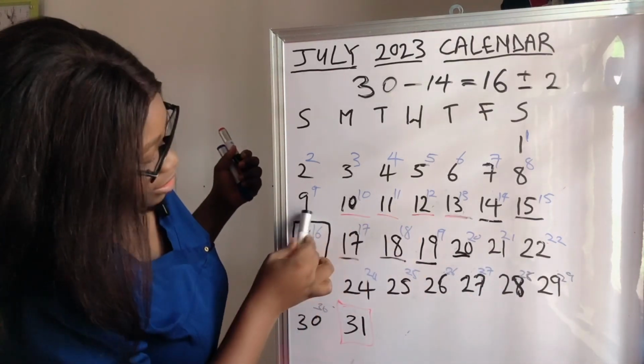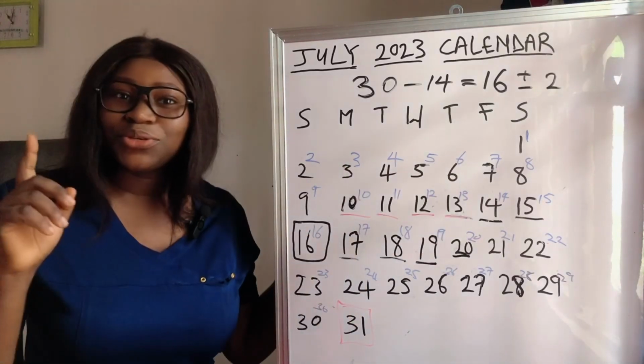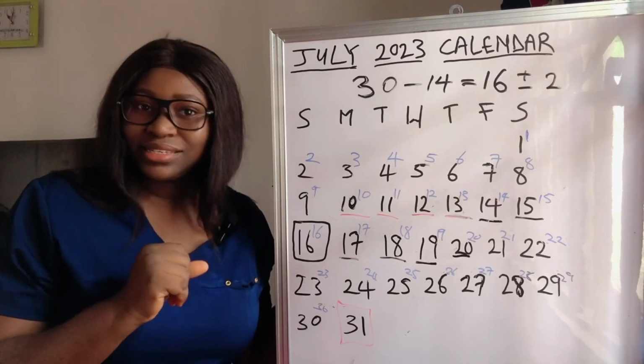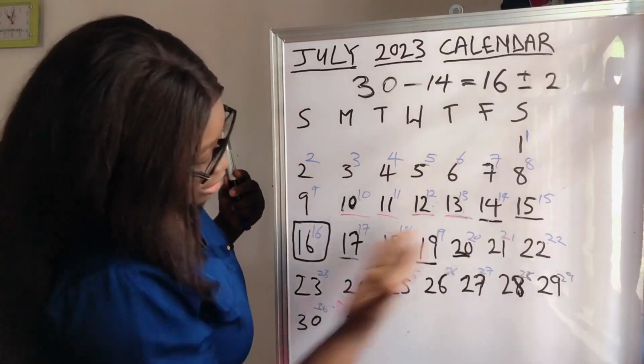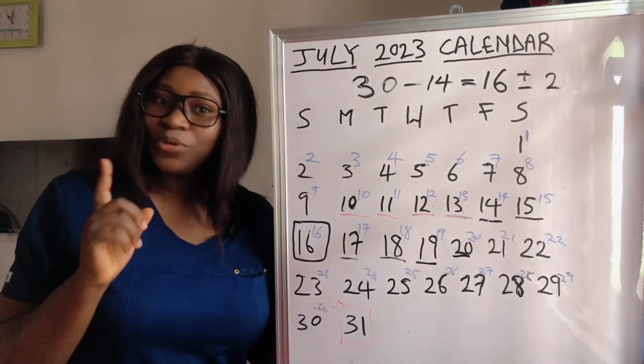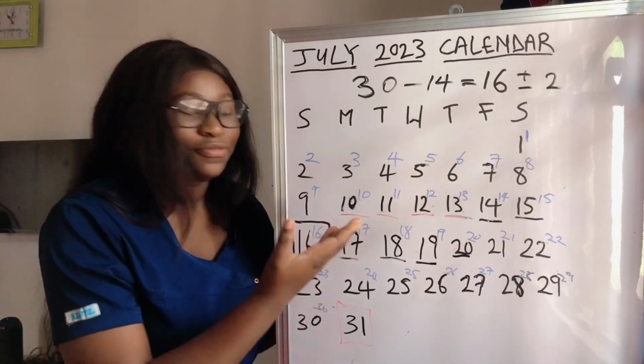From here, she's free. So if you're watching this video to know your safe days to avoid pregnancy and you have a 30 days cycle, these are the days you should avoid unprotected intercourse, because you're likely to get pregnant if you don't.